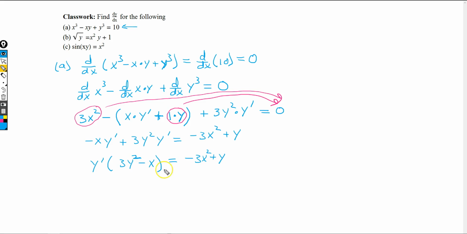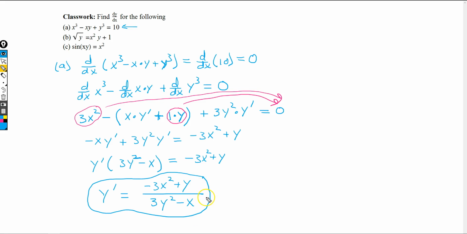And then we just divide this to the other side and we get our answer. And there we go. There is dy dx. Notice it is a function of x and y. Let's try part B.